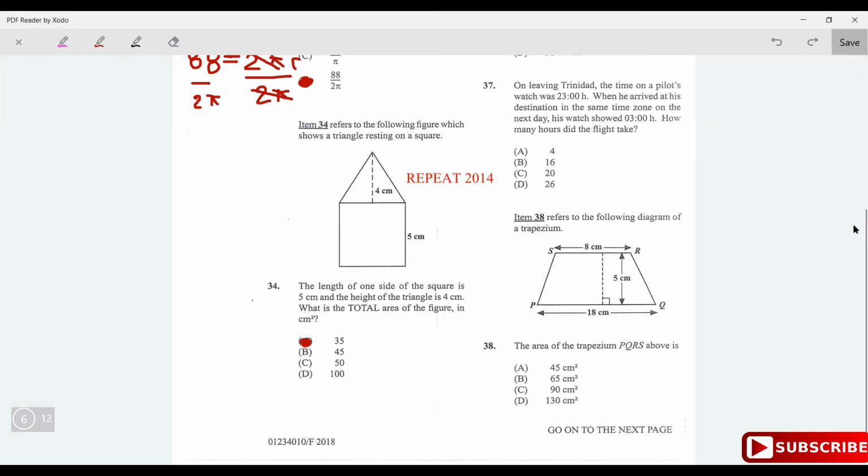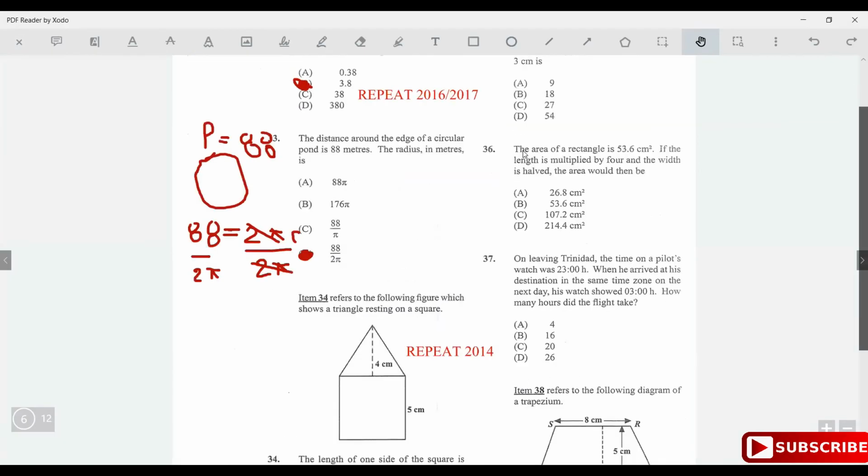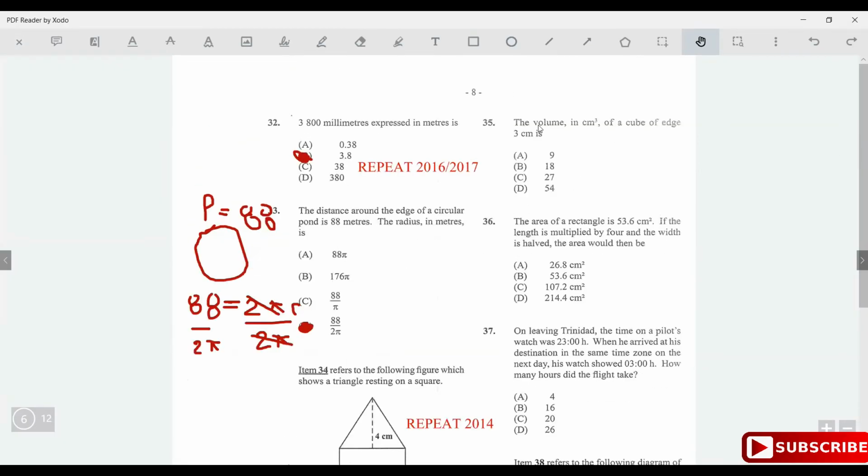Repeat question. All right, this one was finding the volume, which we knew was 9. This is another repeat question. Question 35 is another repeat. This is a repeat from 2016 or 2017, I believe.